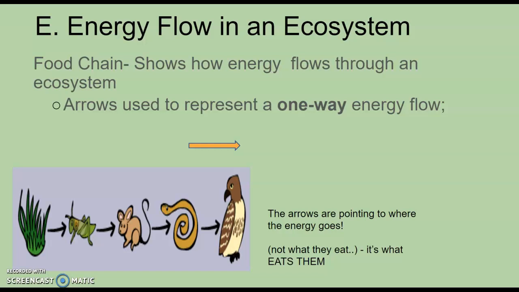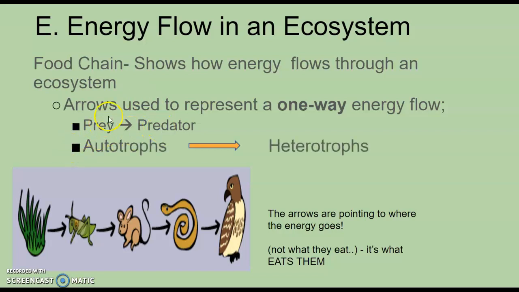So, energy flow in an ecosystem. Now that we know what an ecosystem is, we talked about how things are cycling through. A food chain shows how that energy flows through an ecosystem. Arrows are going to be used in these food chains to represent the direction of energy, and it only goes in one direction. Energy cannot go backwards, it can only go in one direction.